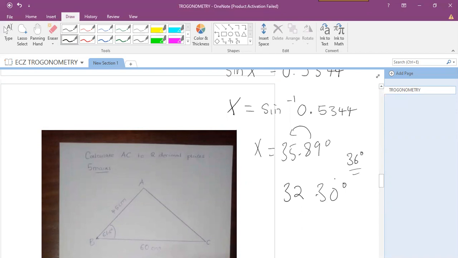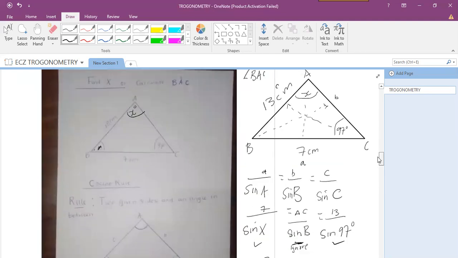So this is how we use the sine rule. Very, very easy. It's just sides and ratios, as long as you are able to identify it. The first question you ask yourself when you see a non-right-angled triangle in the exam room, paper 2 math: how do you identify whether you're supposed to use the sine rule or the cosine rule?